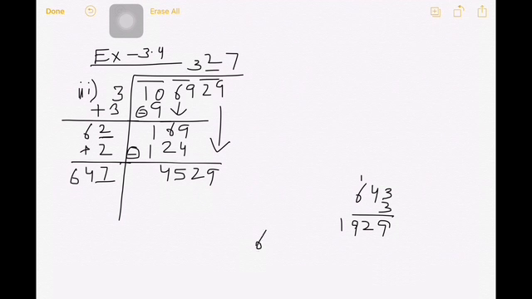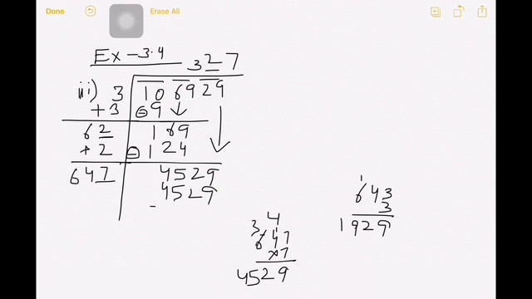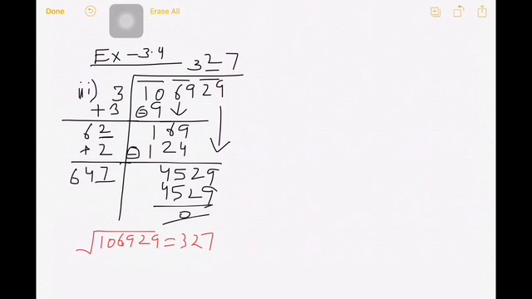Multiply 647 by 7, what will come? 7 sevens are 49, 4 here, 7 fours are 28 plus 4, 32, and 45, then 9 and 0. So what will be the answer here? The answer will be the root of 106929, which is 327. Fine. So that's how you find the square root of any number.